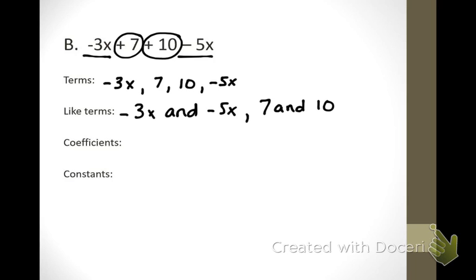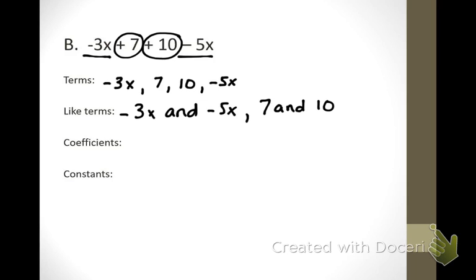Next, I'm asking you to find the coefficient. Remember, the coefficient is the number part of the variable term. So look at any of the letters and see if there are numbers right next to it that are attached to it. Who can help me with what my coefficients are? What do you think, William? I think positive 7, positive 10.